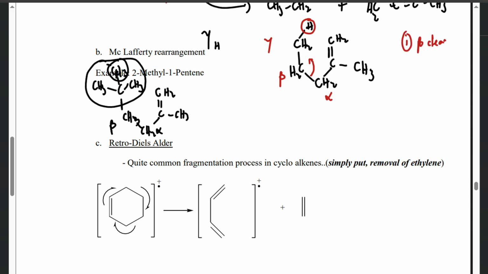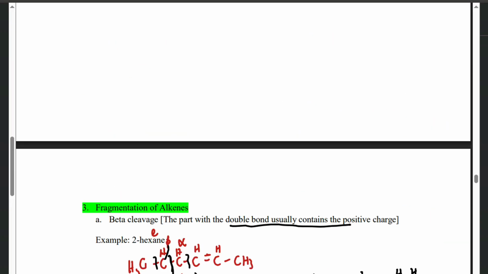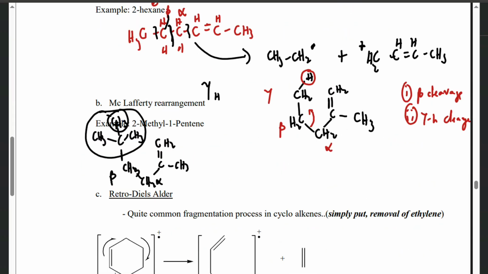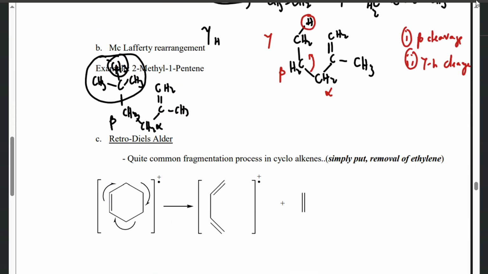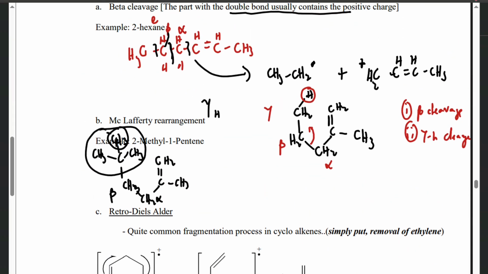The second is the gamma hydrogen cleavage. And the third one is the migration of the double bond. So this is the first one, the cleavage of this.